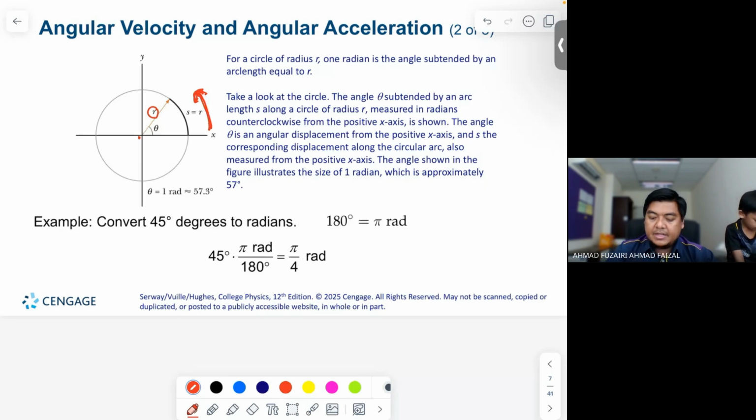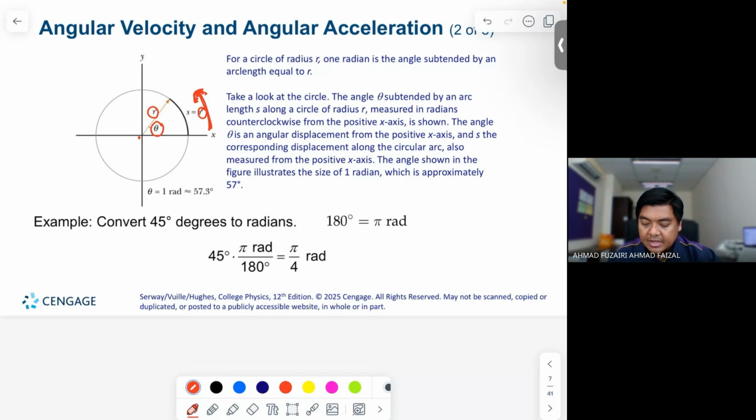Right, the angle theta here is an angular displacement. We call that an angular displacement from the positive x-axis. Look at the radius. The arc length is equivalent to r, and you have a theta, that means some angle contained by the arc that we have drawn from the positive x-axis.